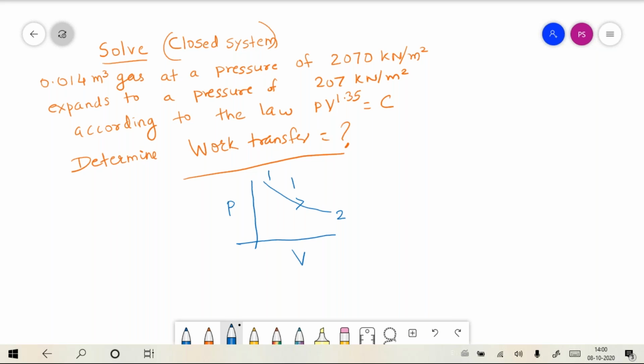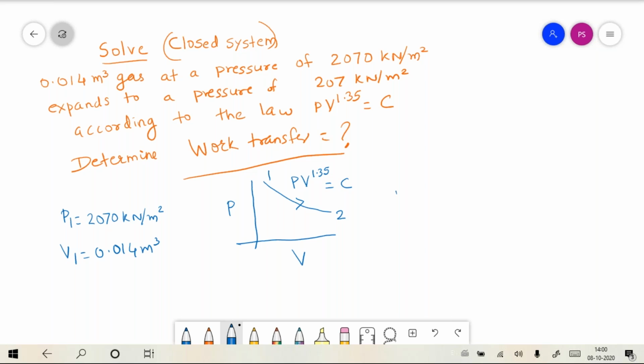So this is an expansion process. So find the work transfer. What is given is P1 is given, 2070, V1 is given, P2 is given.